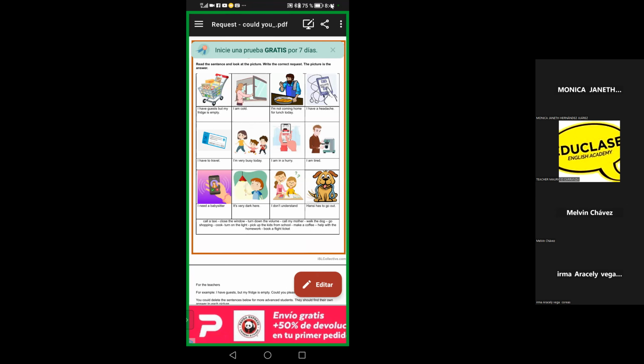Homework. Can you help me with homework? ¿Cómo podrías ayudarme con algunas tareas?